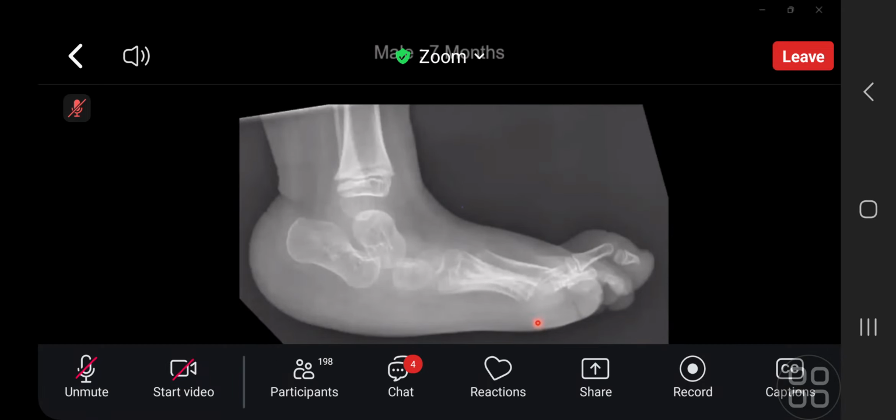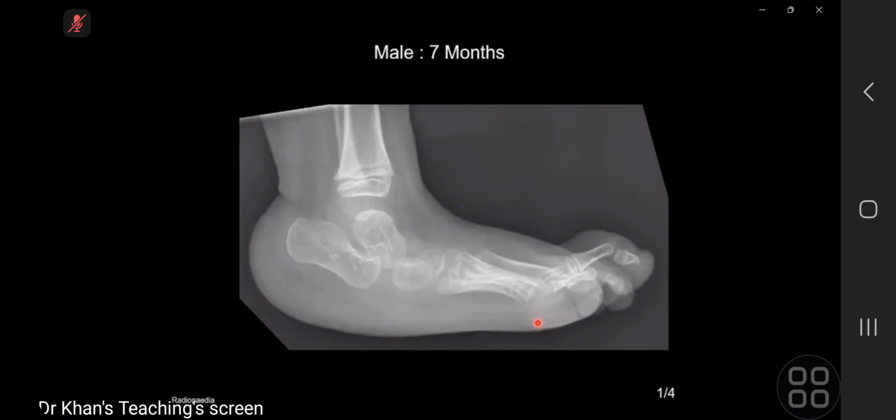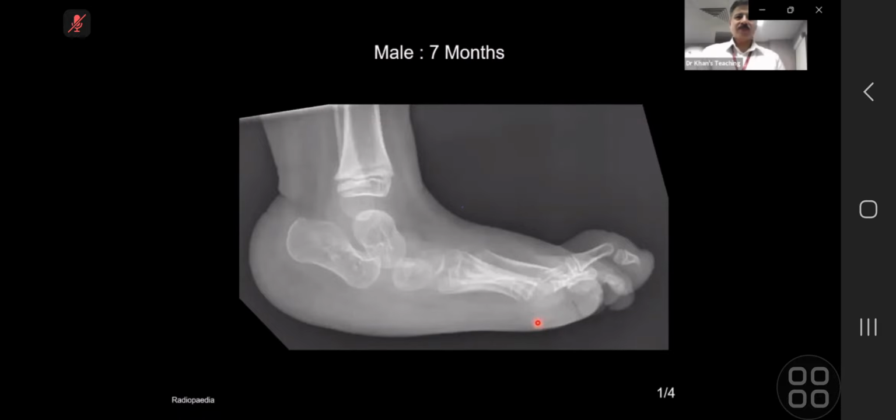So the talus looks very... what's that word? The talus has an abnormal configuration. Yeah, excellent.